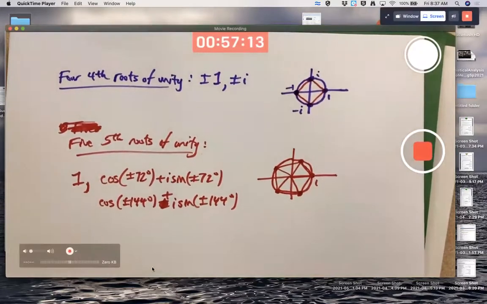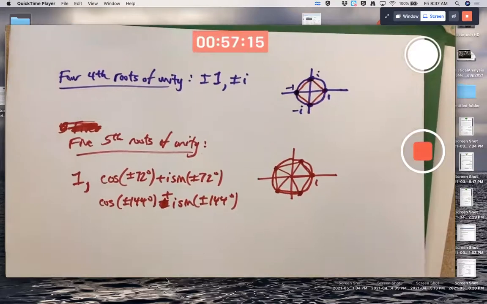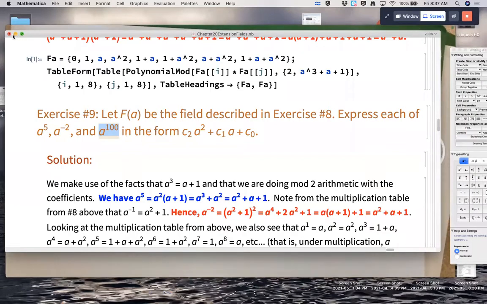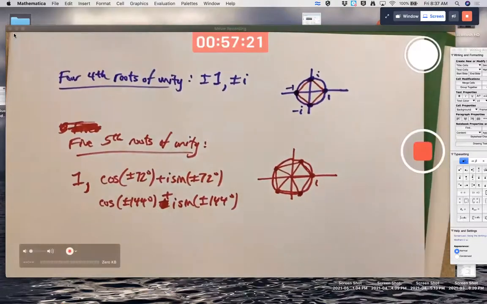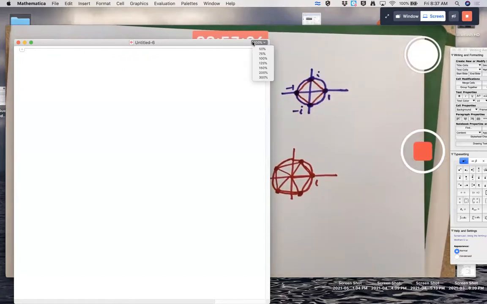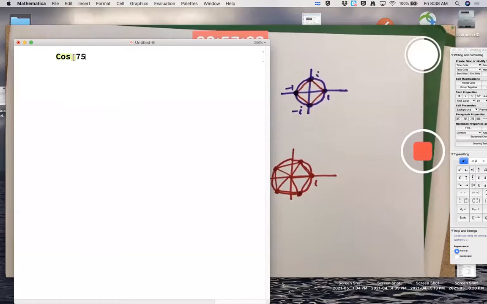Are these nice numbers? Tell you the truth, I forget if these can be simplified in some nice way or not. Looks like they can.